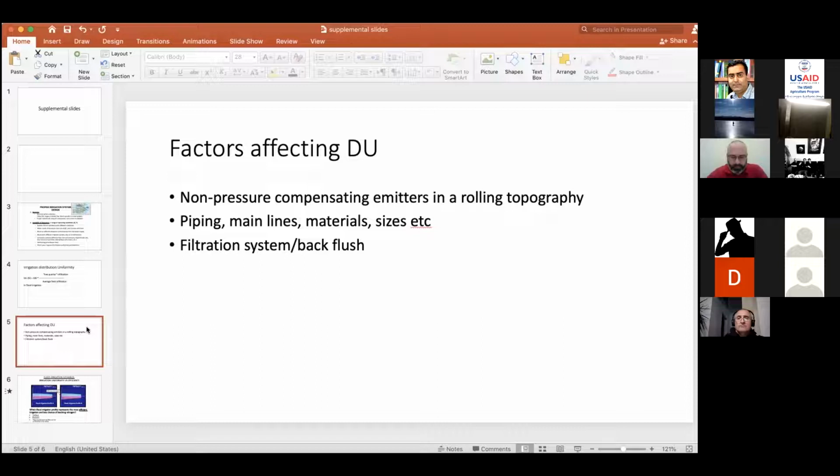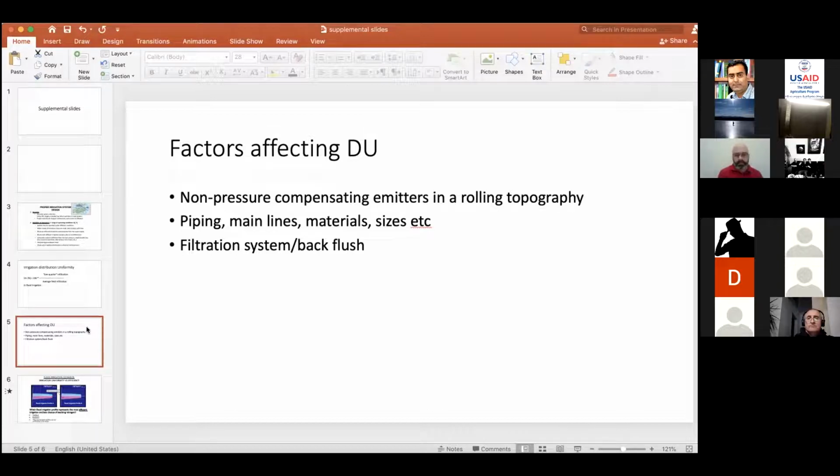And I reflected in the report from last year that a lot of those places had non-pressure compensating emitters. So if you install emitters which are not pressure compensating in a rolling topography, your distribution uniformity can vary by a lot. Obviously, the trees in the higher elevations will get a lot less water, and that can affect your tree health.